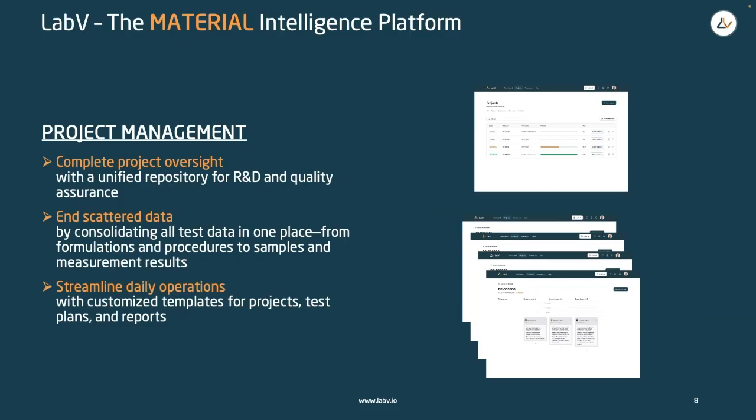It means you basically can access very quickly and also very easily all the information and data without having to search across multiple systems, right? With the project management features of our platform, you basically end the era of scattered data, because that's going to be a thing of the past.